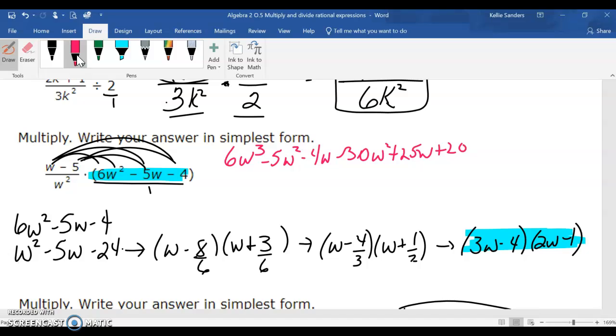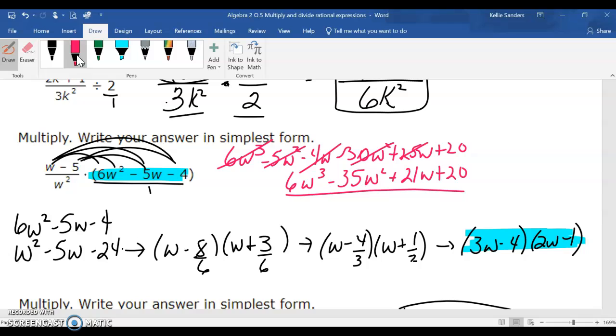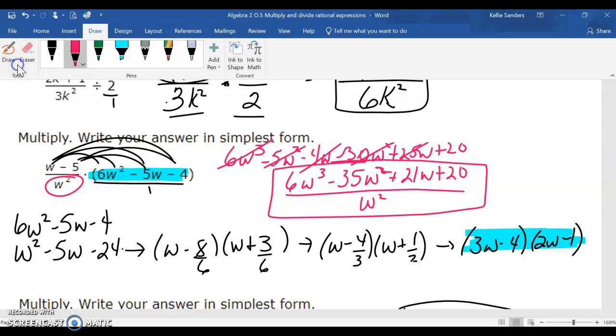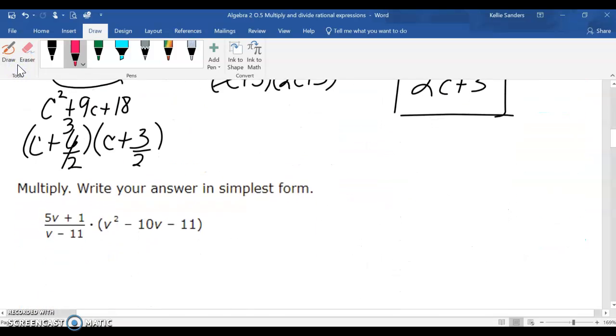I'm going to add all my like terms together and get 6w to the third. Put my squares together, get negative 35w squared. W's together, put 21w plus 20. And all of this is going to be over w squared. And that's why I know that you're probably not going to like me very much with this lesson.